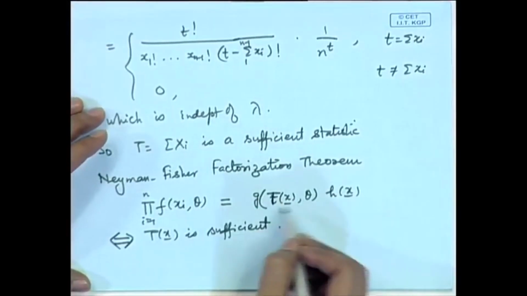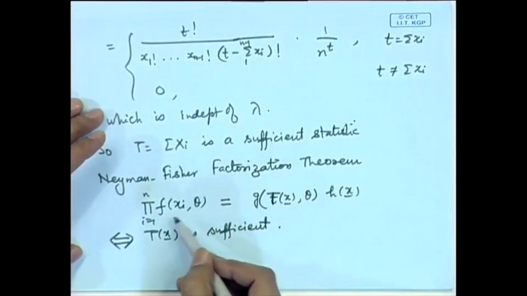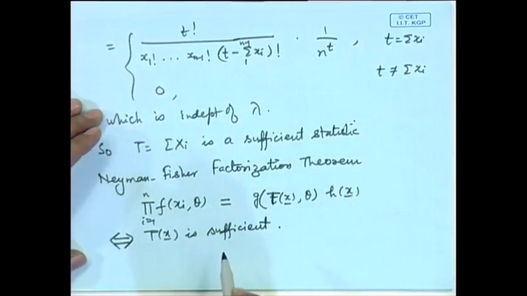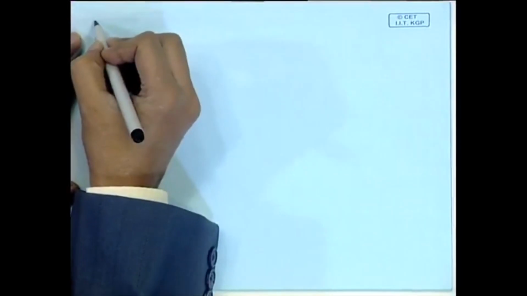The proof of this involves slightly major measure theoretic consideration. So, we skip the proof, but this is a very practical way of obtaining sufficient statistics. So, let us look at the applications of this.